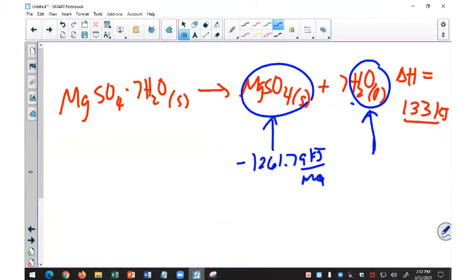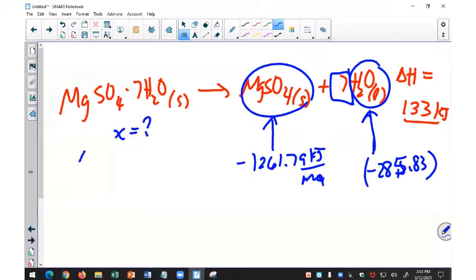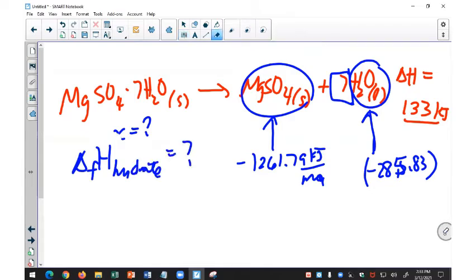So this is negative 285.83, and there's 7 moles here. So I want to know what this is. This is delta H formation of the hydrate. Let's call that X.